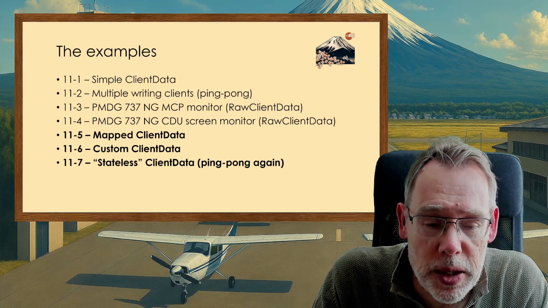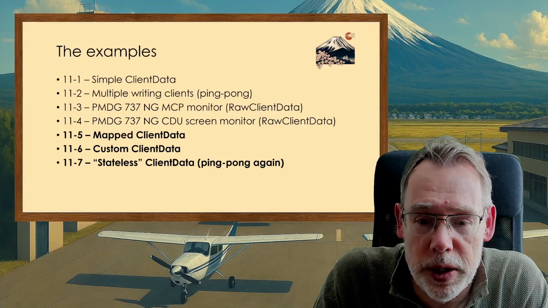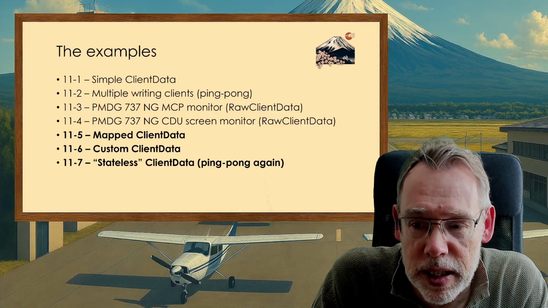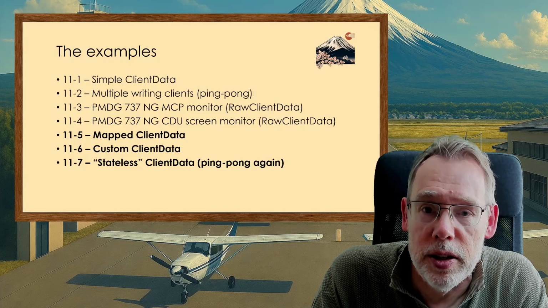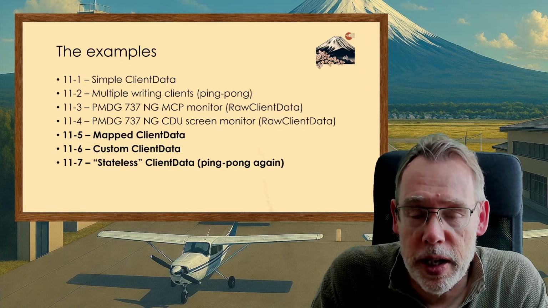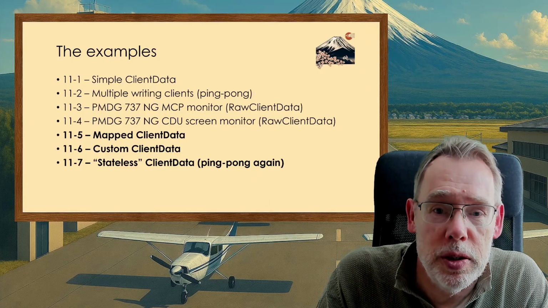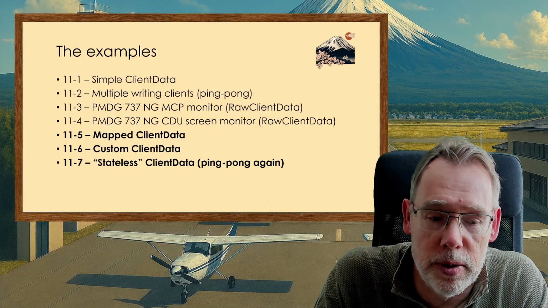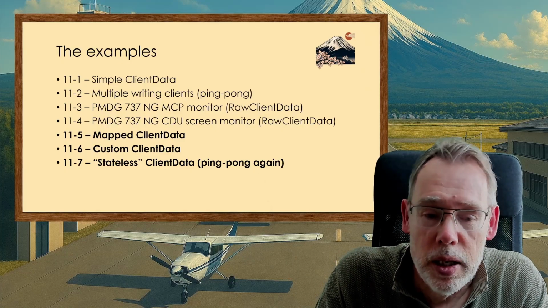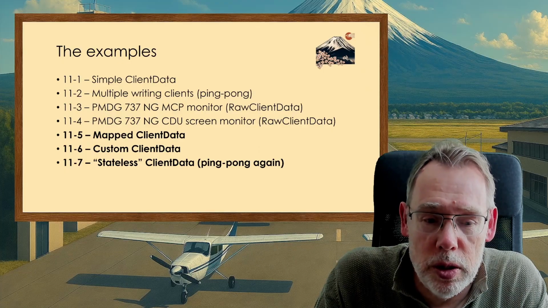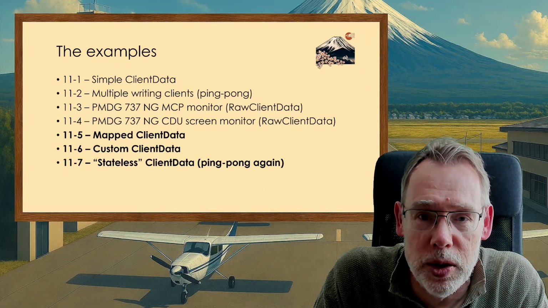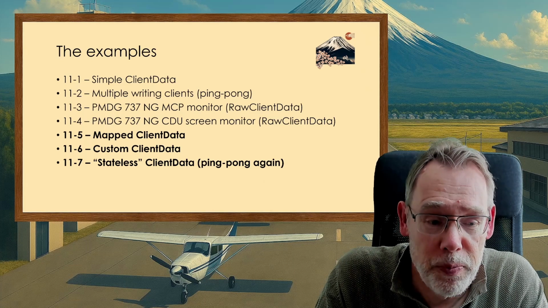Then there is custom client data for the time when you say, well, I sent this, or at least it is being sent to me as an integer, but I want it read as a Boolean, or the other way around, or you want conversions between floats and integers, simply because you are not the one who wrote the other side of the communication, so you have to adjust.